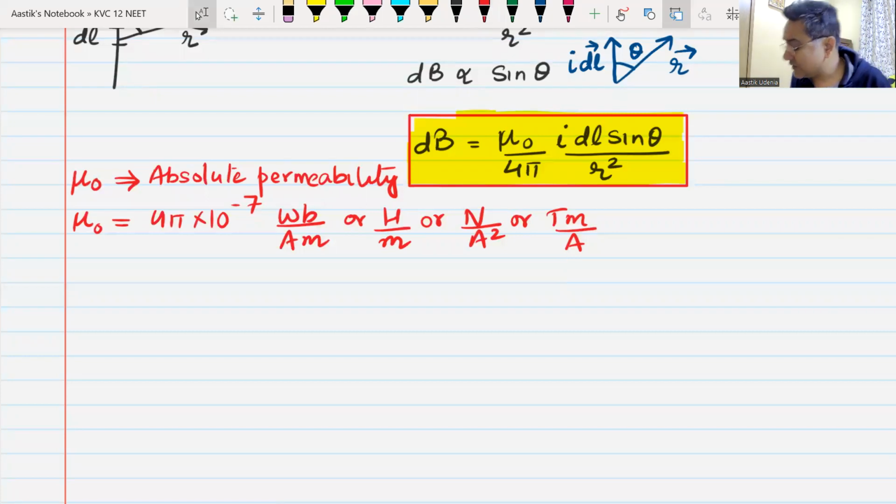Now, this equation that we have seen, what does this equation give me?